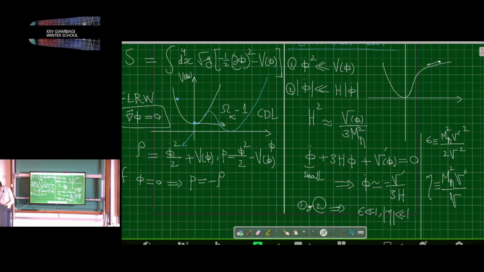Okay, so now the important point is that when these conditions are satisfied, this slow roll solution that I defined here is an attractor solution. What does it mean? It means that if you consider the phase space of this model, you have, say, a scalar field.